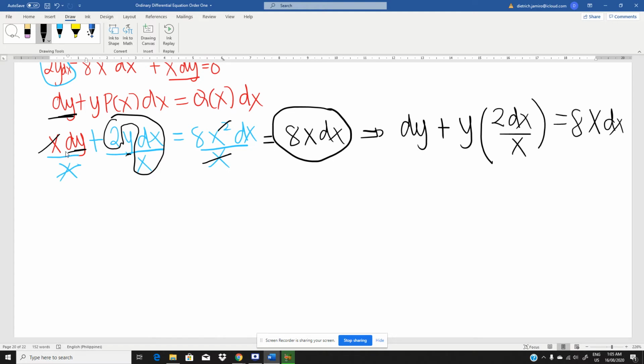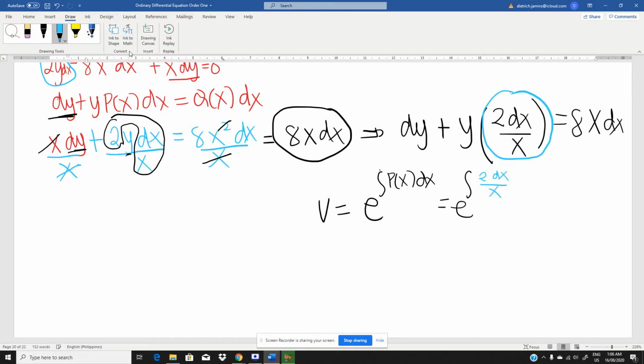So as you can see, our integrating factor will become e raised to the integral of p of x dx. Our p of x dx here is 2 dx over x.